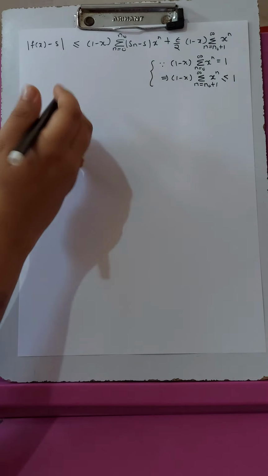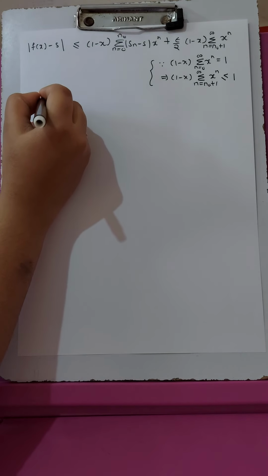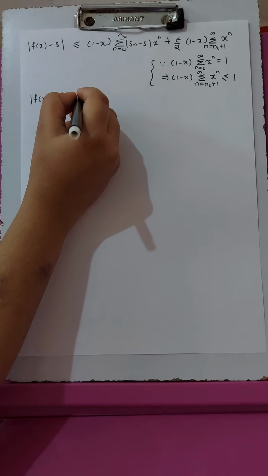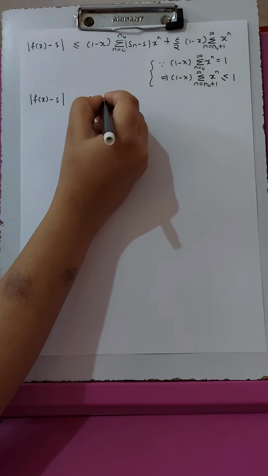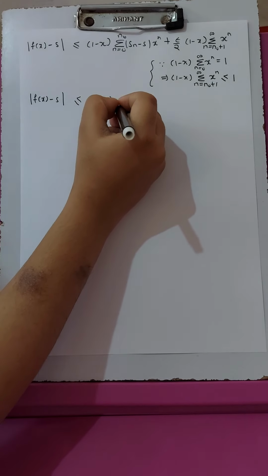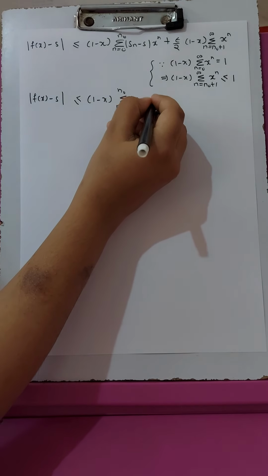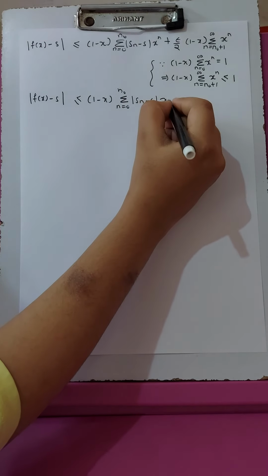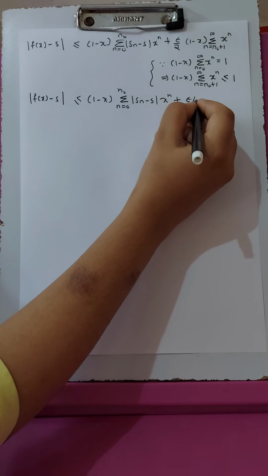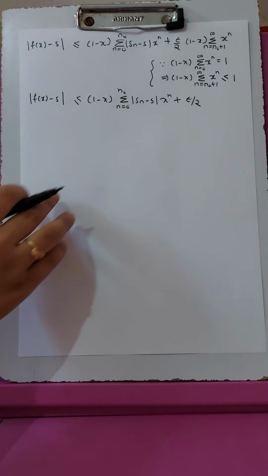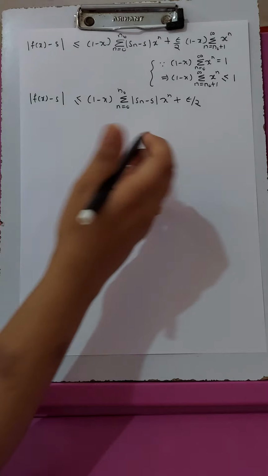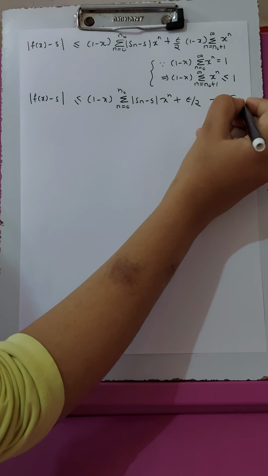So using this, in this term we get mod of f of x minus s less than 1 minus x summation n from 0 to n0 mod of Sn minus s x to the power n plus epsilon by 2, since this whole term is less than 1. Let it be number 5.